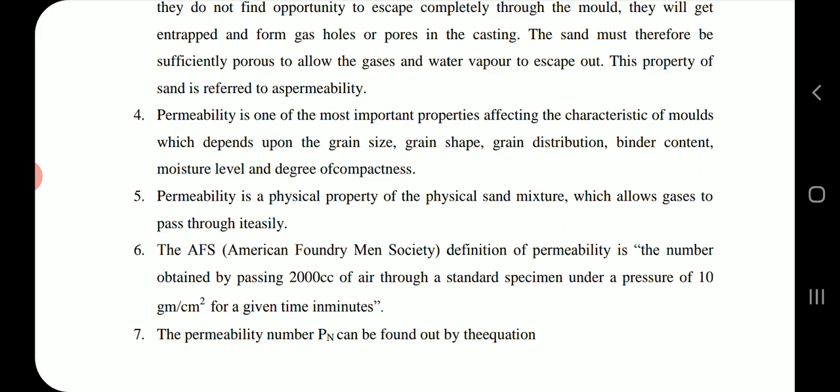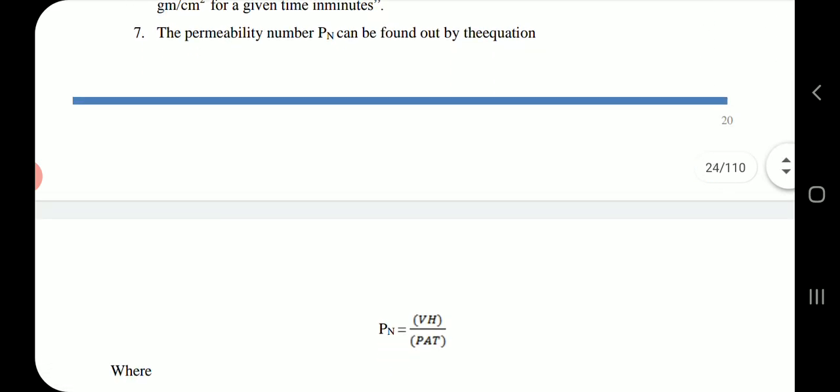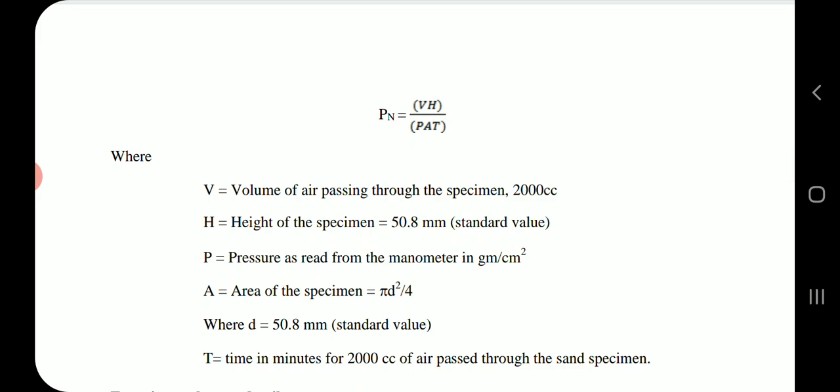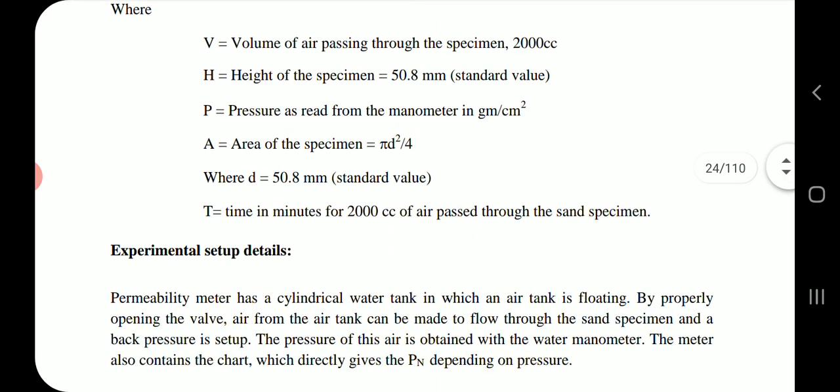The permeability number Pn can be found out by the equation Pn = V × H / (P × A × T), where V is the volume of air passing through the specimen, 2000 cc; H is the height of the specimen, 50.8 mm standard value; P is the pressure as read from the manometer in gram per square centimeter; A is the area of the specimen, πd²/4, where D is equal to 50.8 mm standard value; and T is the time in minutes for 2000 cc of air to pass through the sand specimen.